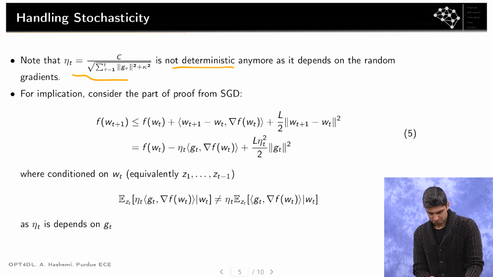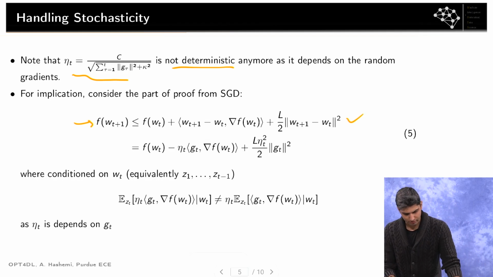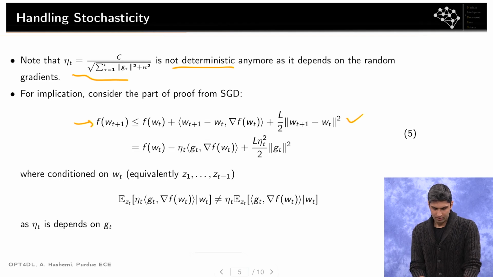Let's see the implication. Let's assume that again we are working with the L-smooth function. So we said that we can bound the function at any point using a quadratic function, and that was our starting point in convergence analysis. This is true for all smooth functions, and I'm using this update w_{t+1} = w_t - eta_t g_t to update my parameter.